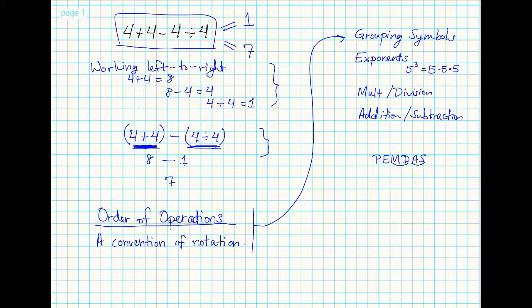This is exactly the problem that I have with PEMDAS, is that it looks like multiplication should come before division, and addition should come before subtraction, but that is not the case. In fact, multiplication and division are the same operation, and addition and subtraction are the same operation. And I'll mention that a little bit more after a couple of examples.